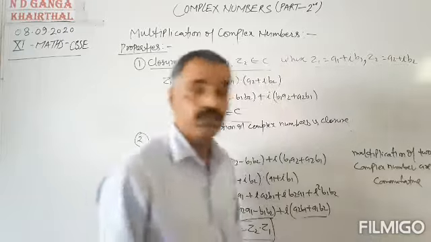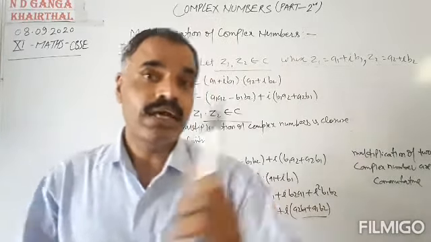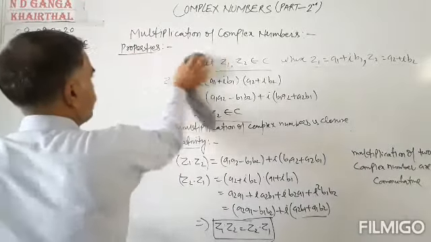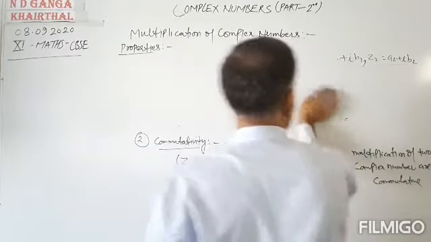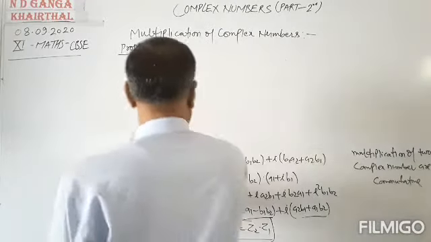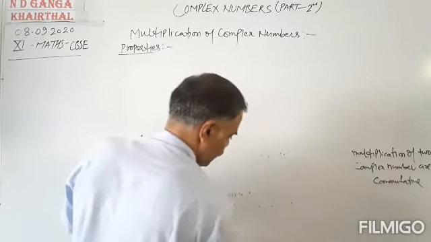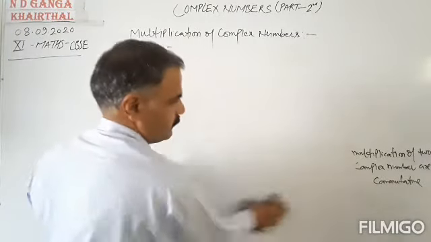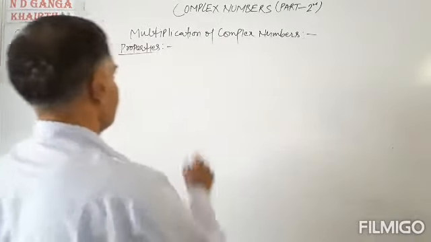Now the next property of complex numbers is the associative property. Okay, so let us discuss the associative property of complex numbers. Consider three complex numbers Z1, Z2 and Z3.